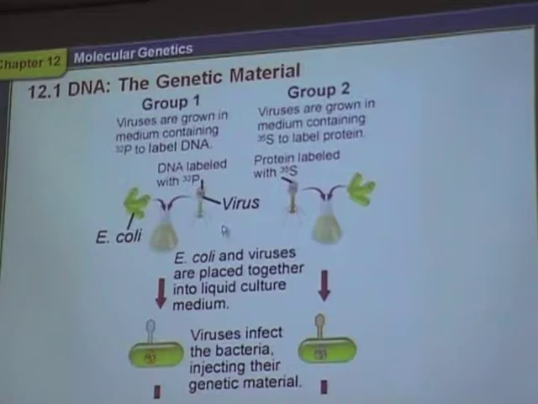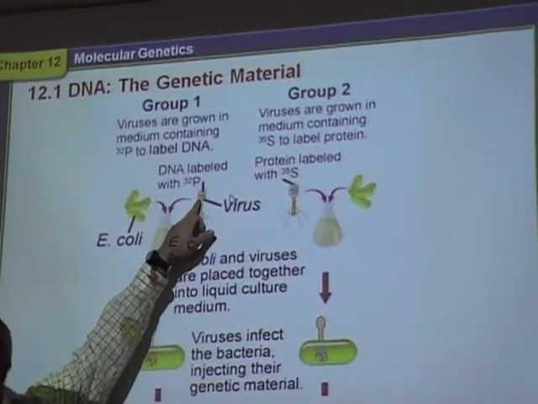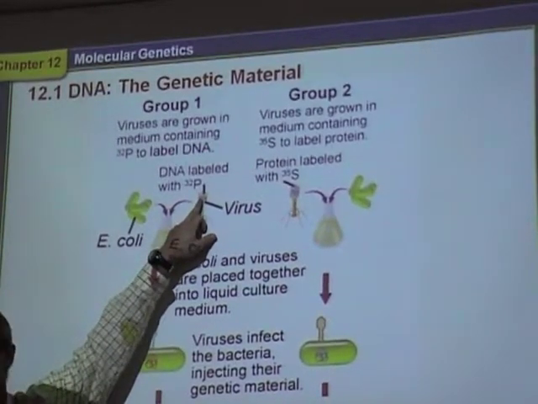So what they did was they took the virus, and one group of viruses, they labeled the DNA with P32. P32 is a radioactive form of phosphorus. So in this virus, they made its DNA glow.